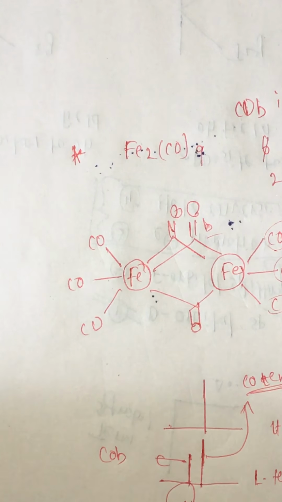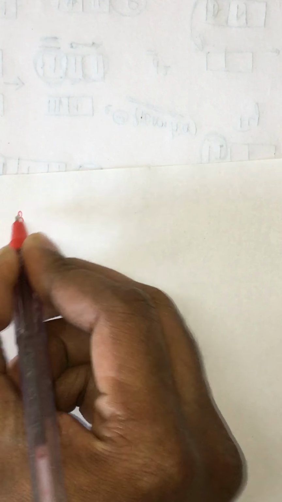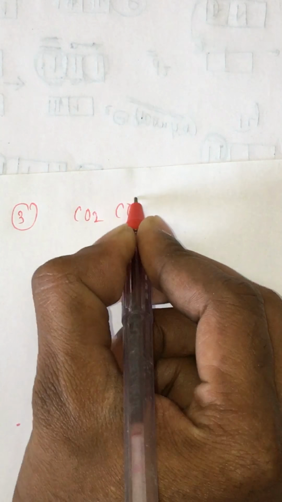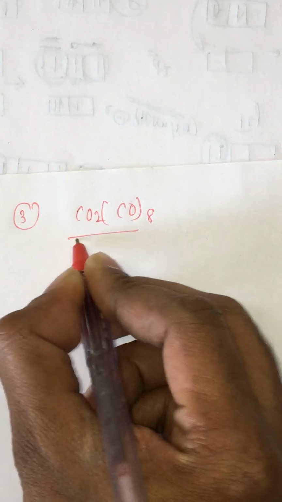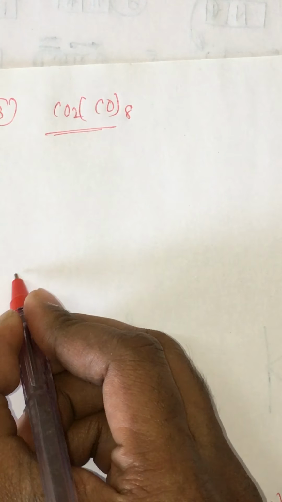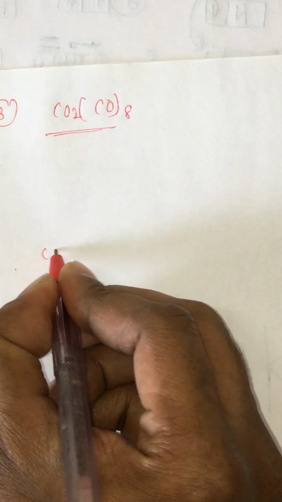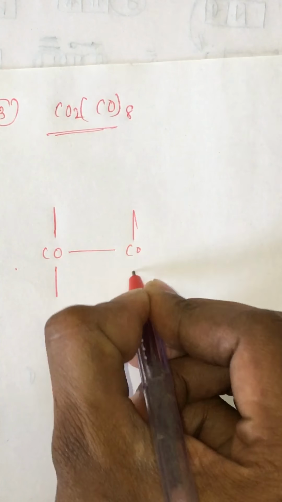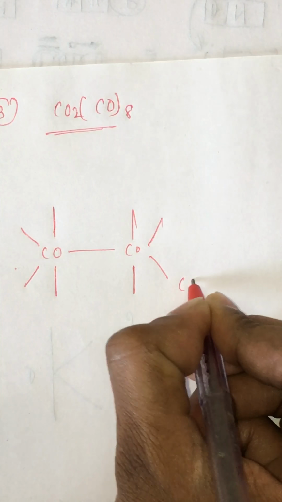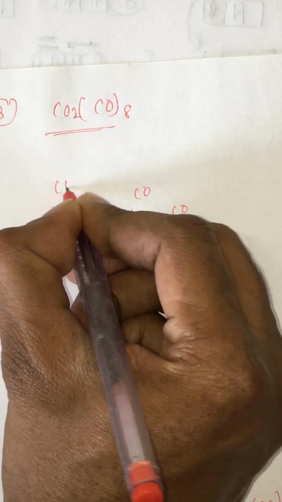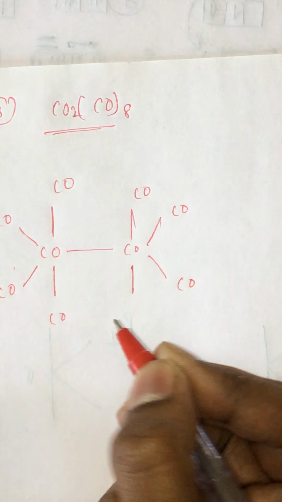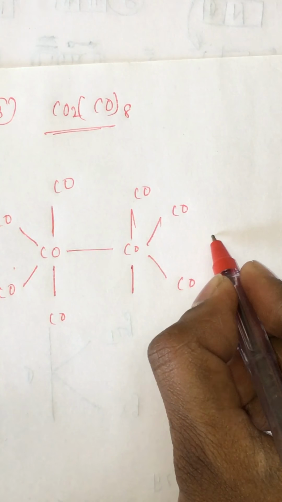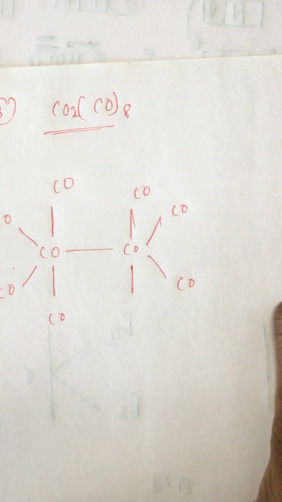Fe2(CO)9. And another important example we have now is Co2(CO)8. Okay, so this exists in two forms. In the liquid state it exists in one form, and in the solid state in a different form.